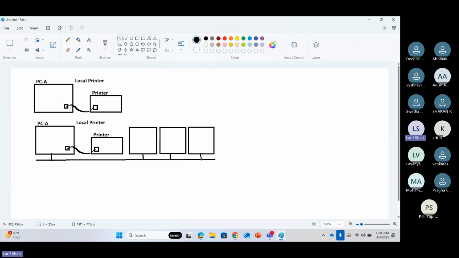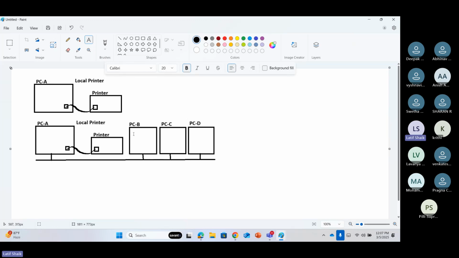We already discussed the purpose of a network. Say I am sitting at PCB and I want to take a printout from printer one, but the printer is not attached to PCB.